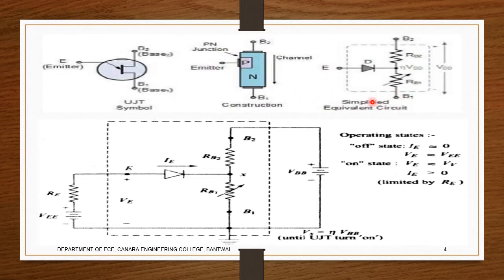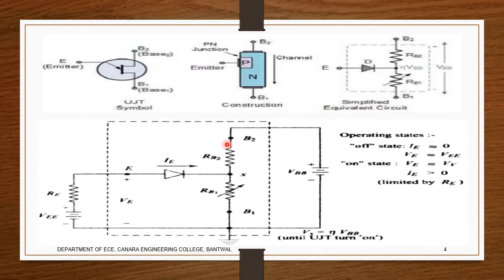So we can see here the equivalent circuit with the respective power supplies. Here VEE has been given via RE, which we call the limiting resistor. So how much is required at E is passed on to this diode.